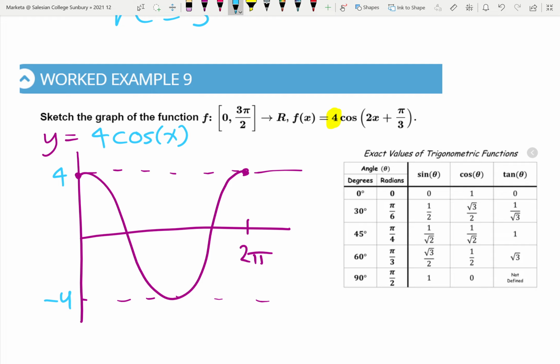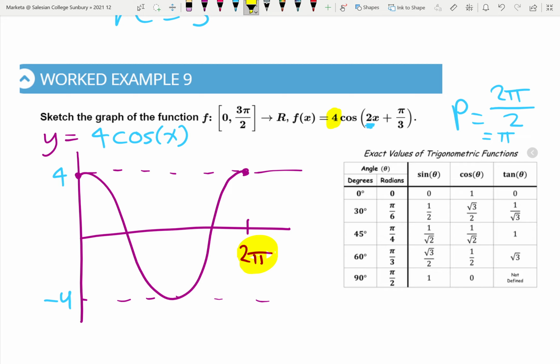Let's see another dilation. We've got this 2 here. So that's to do with the period of the function. The period equals 2 pi, because cos repeats in the unit circle after 2 pi. So 2 pi divided by whatever's in front of the x, which is a 2, and that means that our period is going to be pi. So that now will alter this.